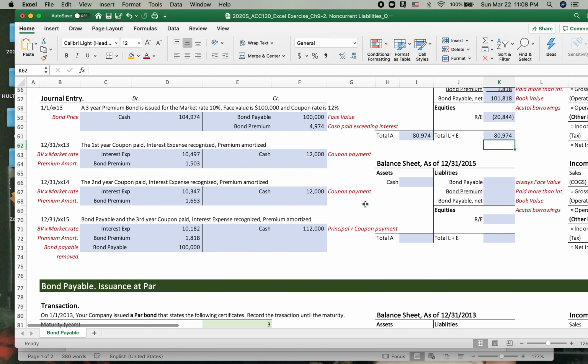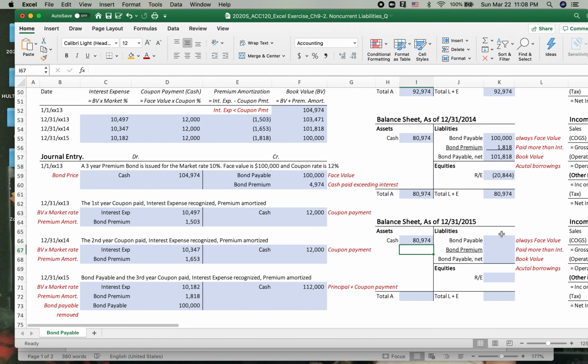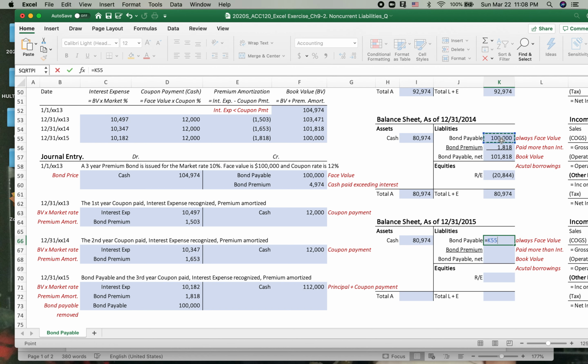The final year, also we should start the ending balance of the prior year as its beginning balance of the current year on the balance sheet. Okay, the cash out. Now, the principal plus coupon payment, how much was that?